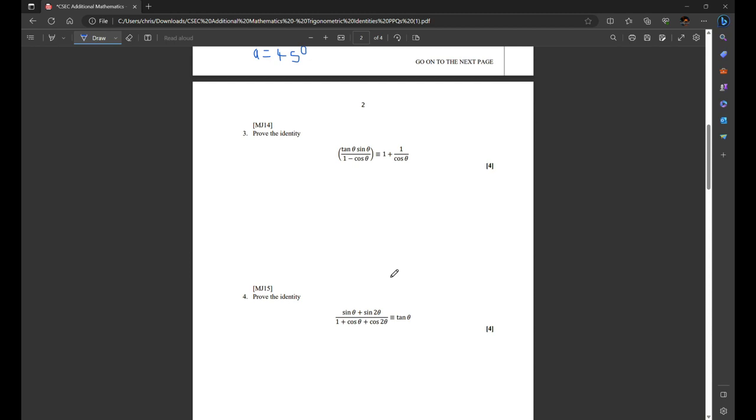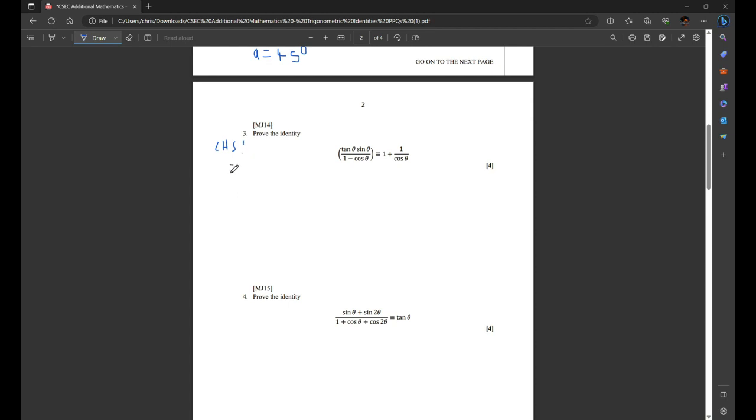So looking at this, again, I can see that I might want to take that tan theta and change it to sine theta over cosine theta. So let's just get to work on that. Again, we're going to write that we're using the left hand side just to give them an indication of which side we're using.